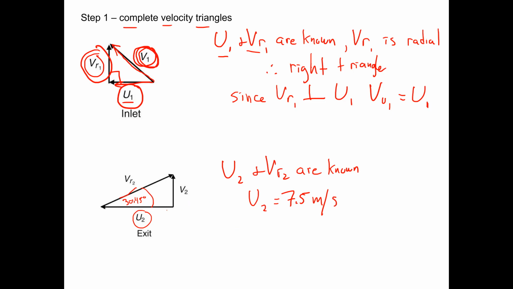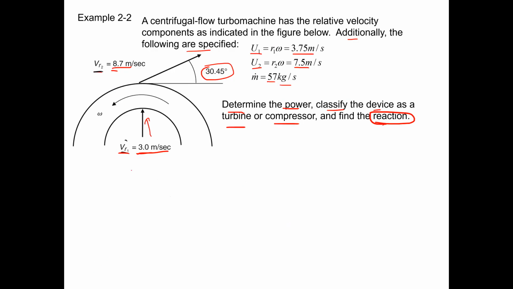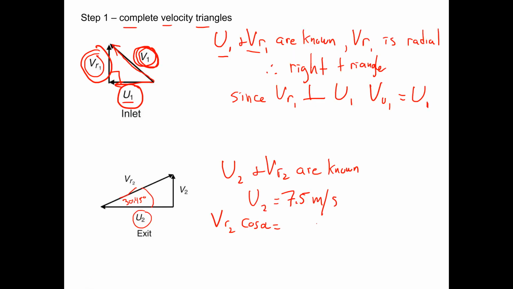If I go ahead and do this math, I take VR2 cosine of alpha. According to the problem statement, VR2 is 8.7 meters per second, and I take the cosine of the angle, the relative angle between the fluid velocity and the tangential velocity of the rotor, 30.5 degrees.